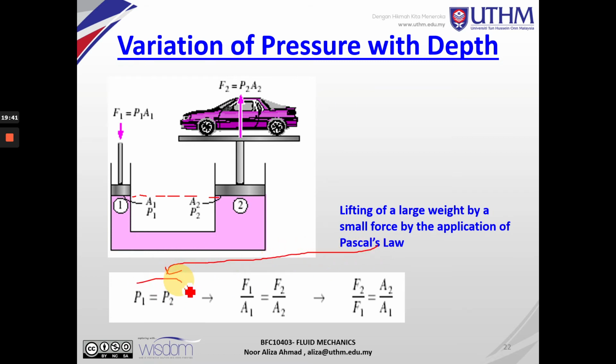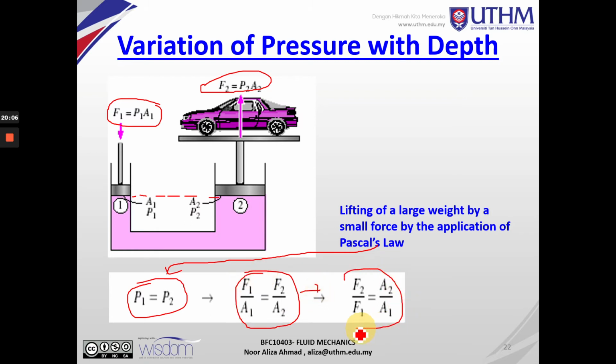So pressure at 1 is equal to pressure at 2. We know that pressure is force F1 at 1 divided by area 1, and force F2 at 2 divided by area 2. So from this equation we convert to this equation. This is called Pascal's law.